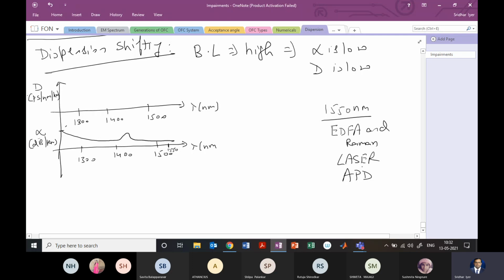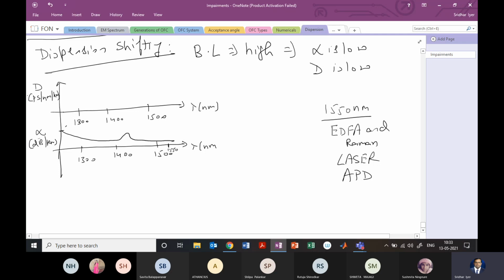These are the advantages of operating at 1550. If you move to 1310, 1320 nanometer, you may not be able to use the laser efficiently. You will also not be able to use the APD there; it will not be very effective. So that's why we always aim to operate at 1550 nanometer.